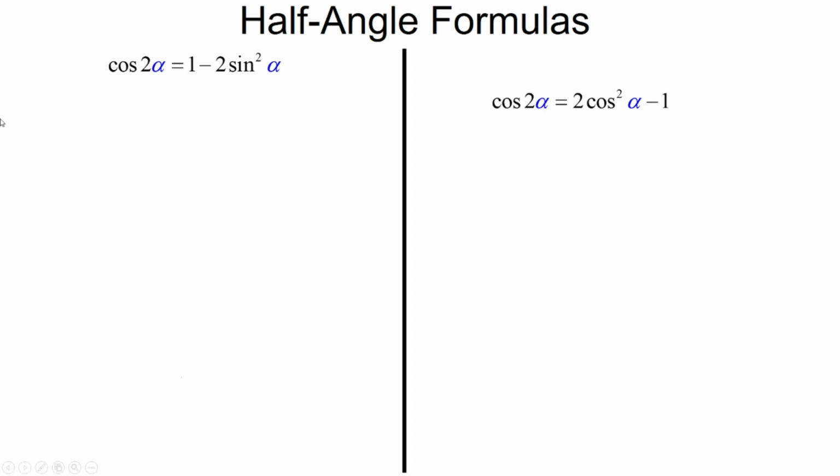And remember my favorite here? Cosine of 2 alpha is, again, 1 minus 2 sine squared of alpha. All right. Now, how could I use this to come up with a half angle formula? Well, do you see these alphas? What if I decided let's let alpha equal x over 2?